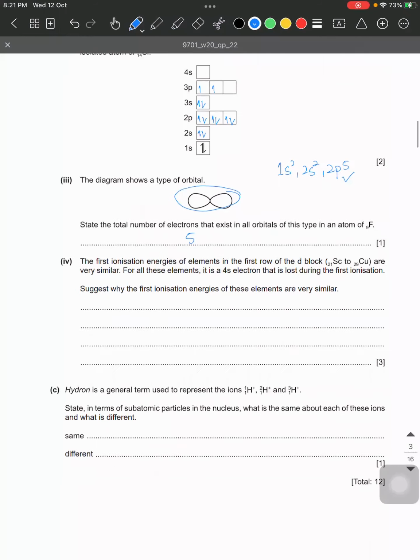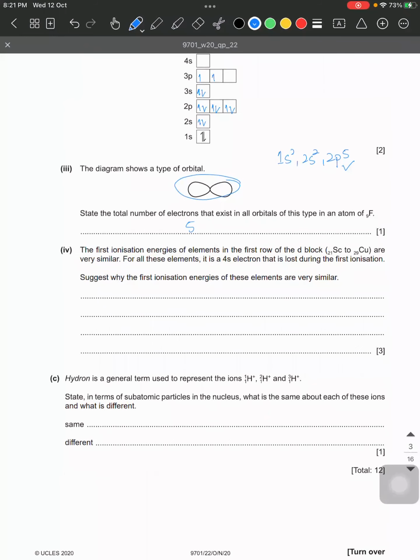Then part 4 is saying the first ionization energies of elements in the first row of the d block, scandium to copper, are very similar for all these elements. It is a 4s electron that is lost during the first ionization. Suggest why the first ionization energies of these elements are very similar.